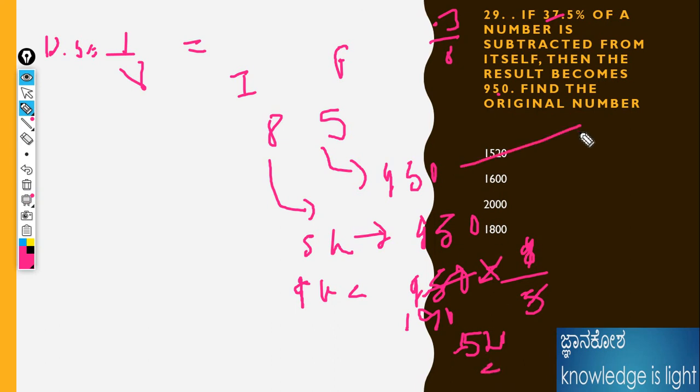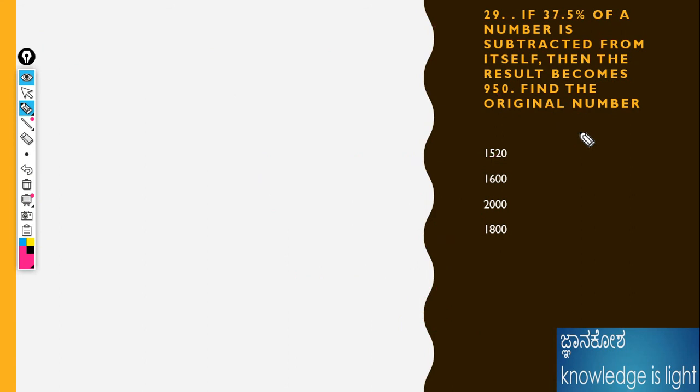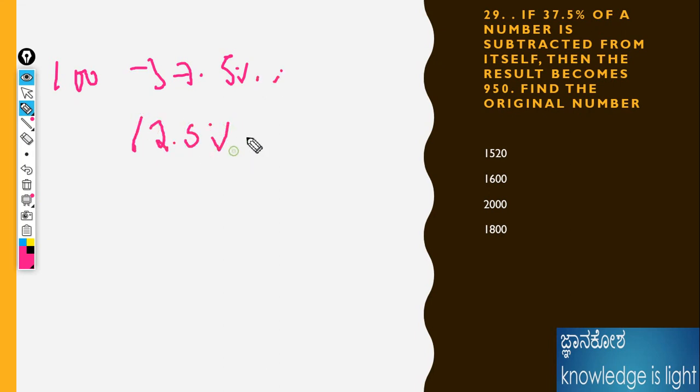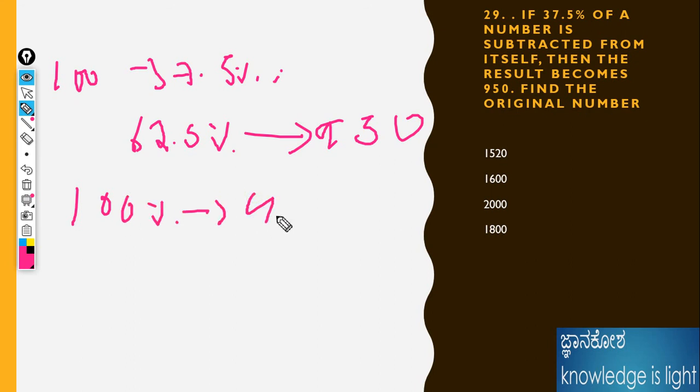This is one method. I will show one more method as well, which I discussed in the previous problem. Already I told 100. What is the 100 number? 37.5 percent is subtracted from this number. What should this number be? 62.5% is coming. Therefore, for getting 950, if 100%, this is 62.5. If 100% is coming, what should the number be? 950 into 100 is equal to 62.5. Understand?